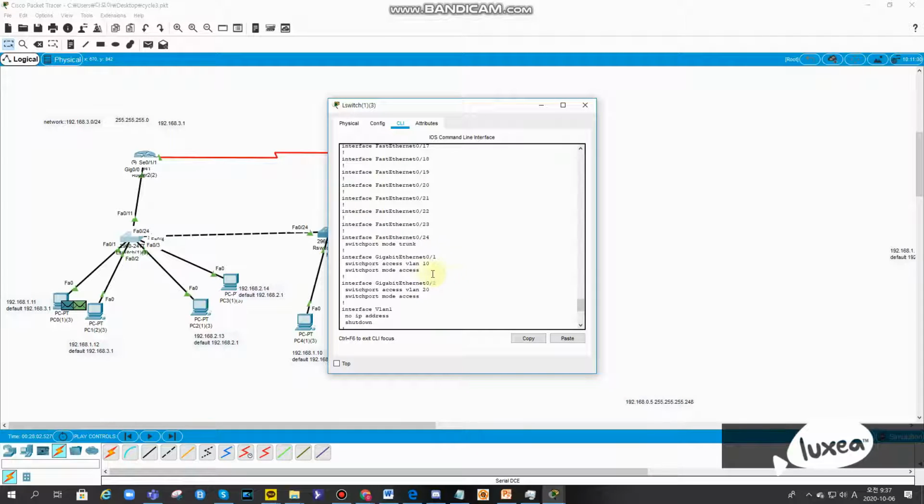So you guys can see VLAN 10 and 20. To set up the VLAN, I did switchport access and also mode access configuration so that they can communicate with each other.